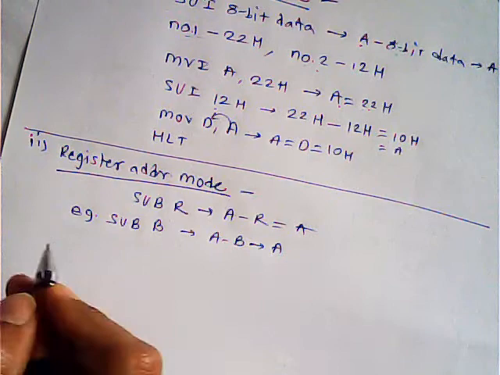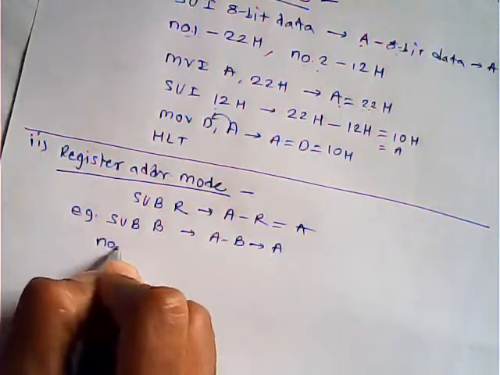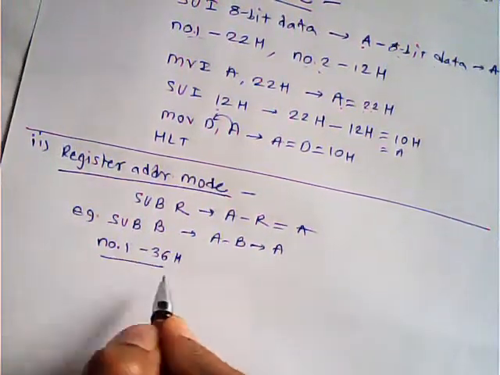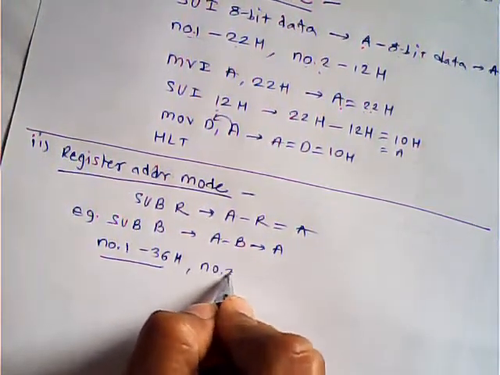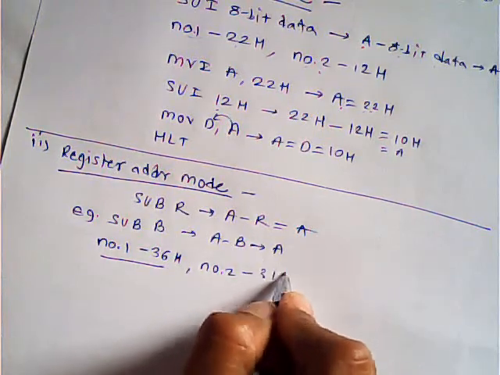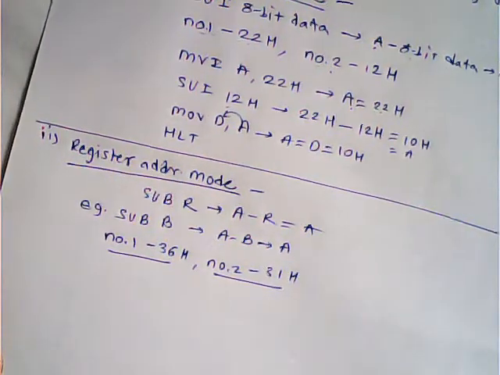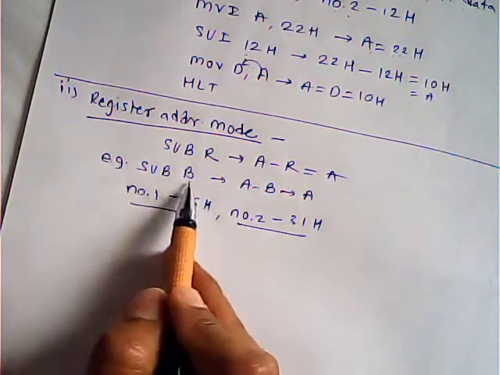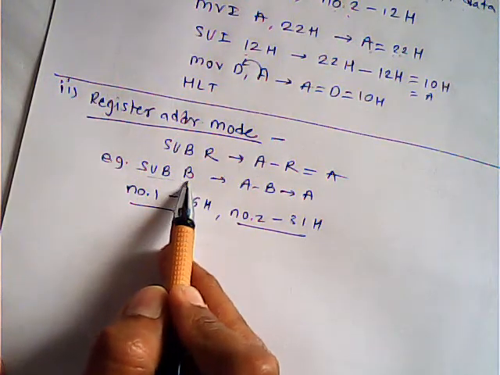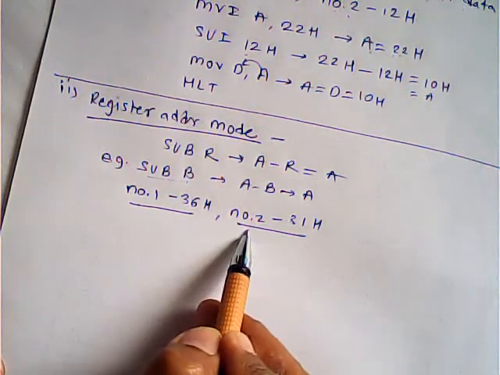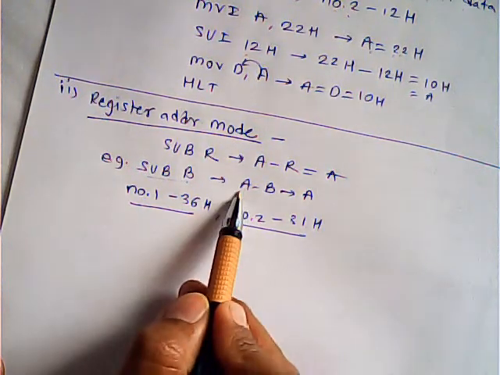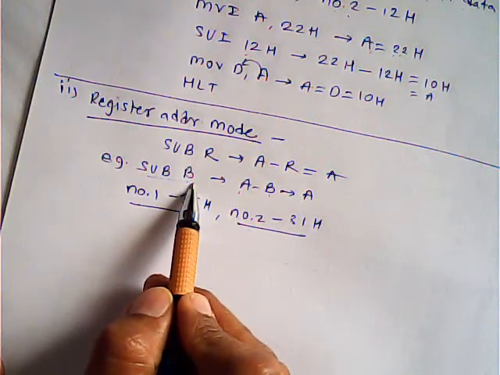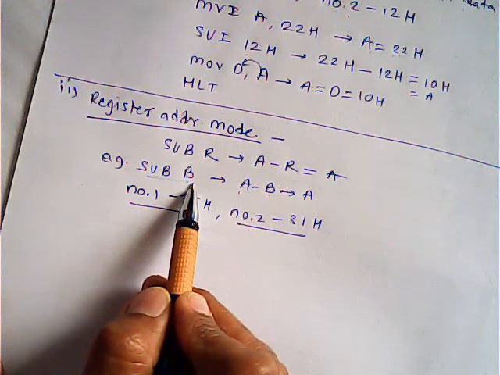Suppose the two numbers are given to you. Number 1 is 36 hex and number 2 is 31 hex. These two numbers are given to you for this subtraction operation. Before using this SUB instruction, number 1 and number 2 you have to copy in the A register and in the B register, then we can use this SUB B instruction.